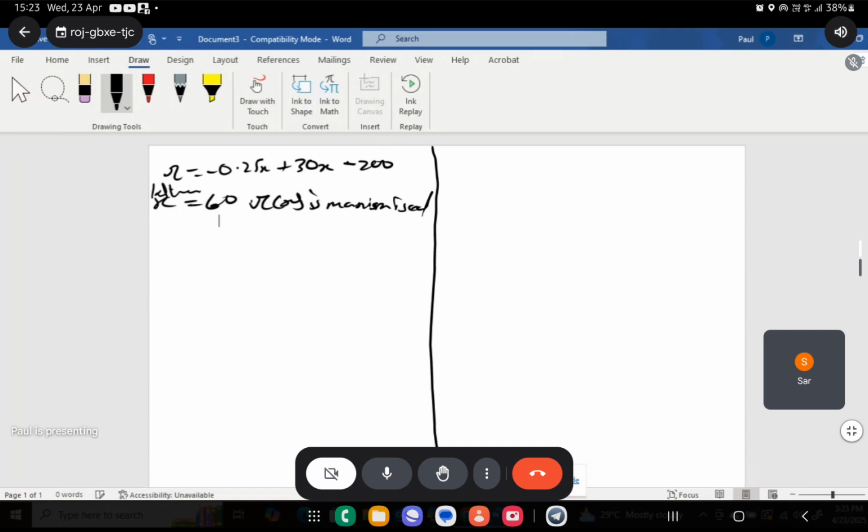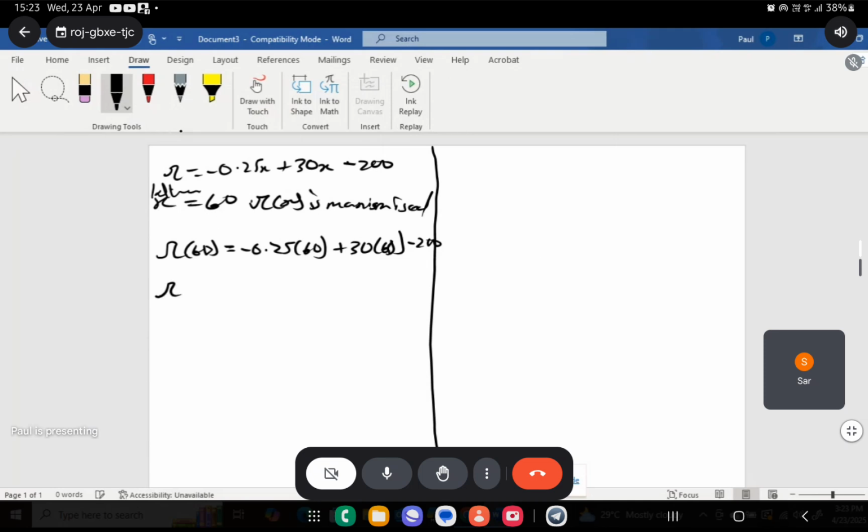So the maximum profit becomes anywhere you see x, we are putting 60 there. So here too will be 30 into bracket 60 minus 200.